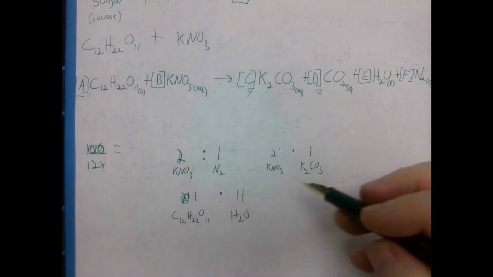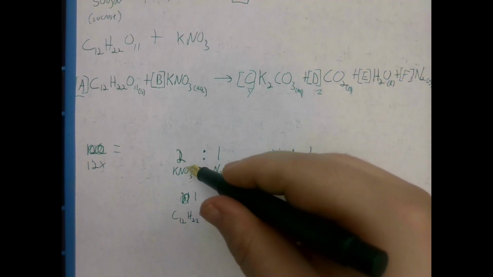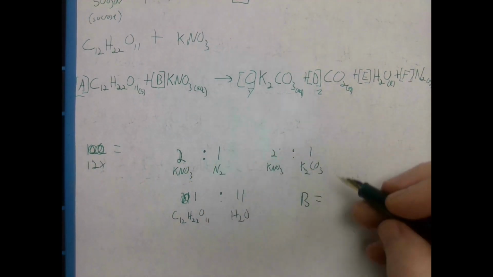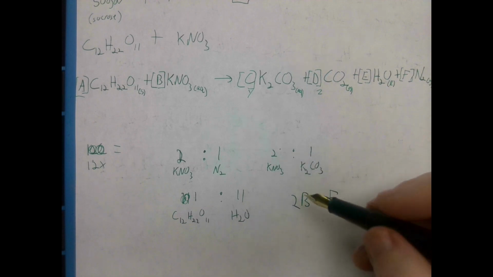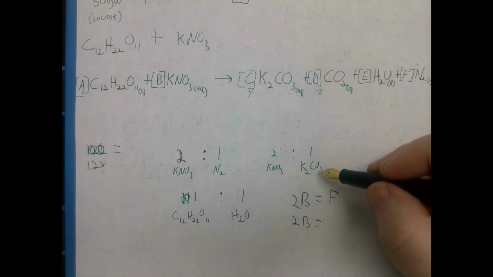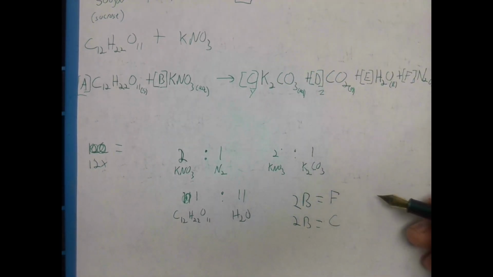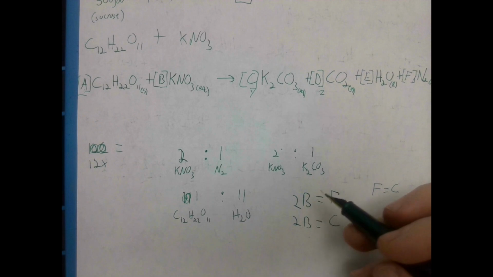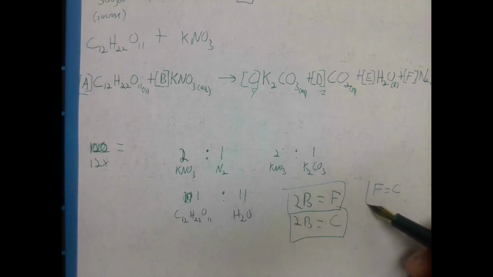So I know 2 times B is equal to 1 times F, right? I know that 2 times B is equal to C. And thus I know F is equal to C. So here's some equations.